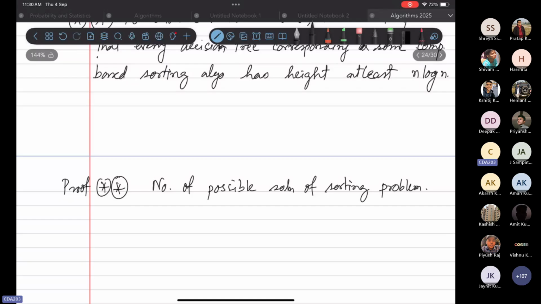What is that? So I have, let's say, an input of size n. So how many possible solutions could there be? Yes, it's n factorial, right?